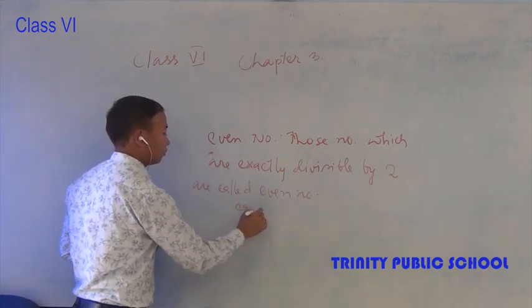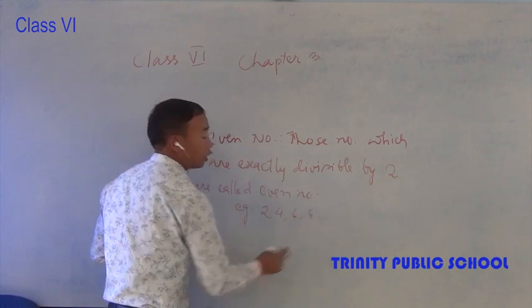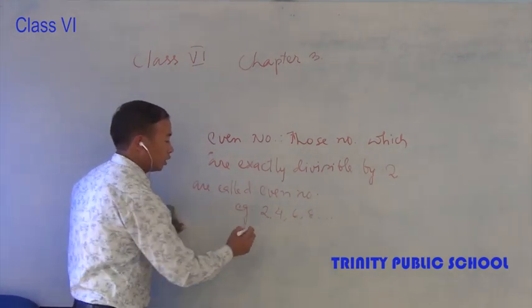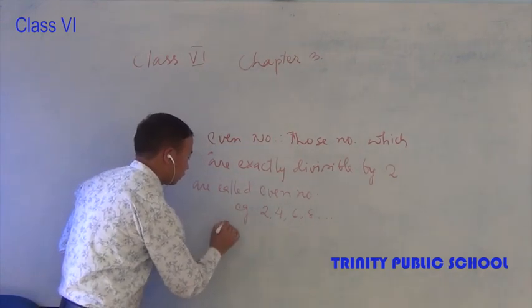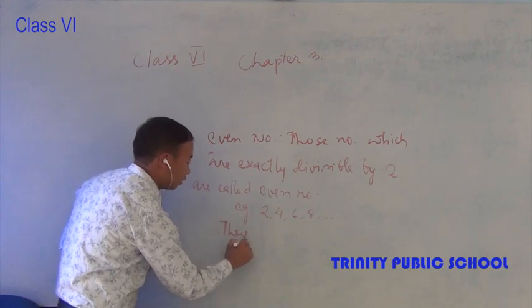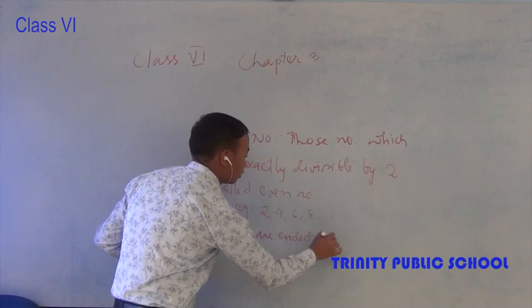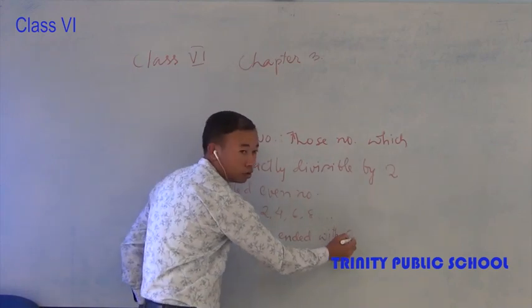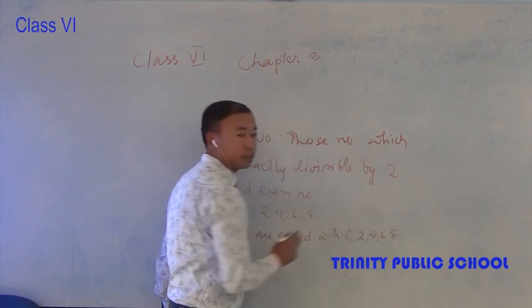Example: 2, 4, 6, 8. Even numbers end with 0, 2, 4, 6, 8.